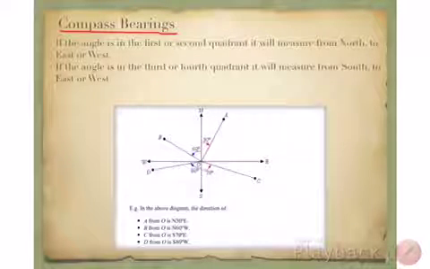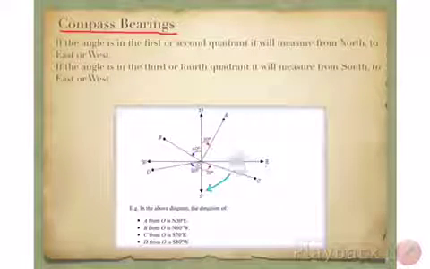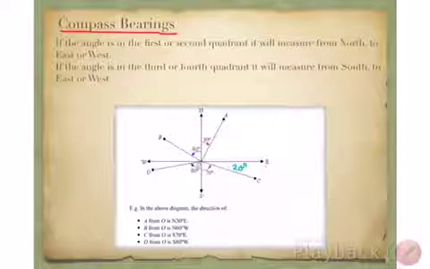Just one quick thing, if I wanted to measure this angle in here, I would still say south 70 east, because I'm going from south to east always. So if I was given this was 20 degrees, I'd still say that my angle is south 70 east.